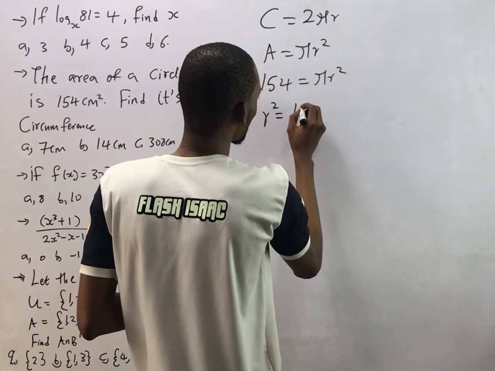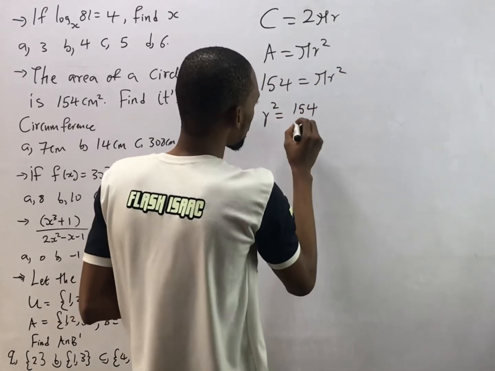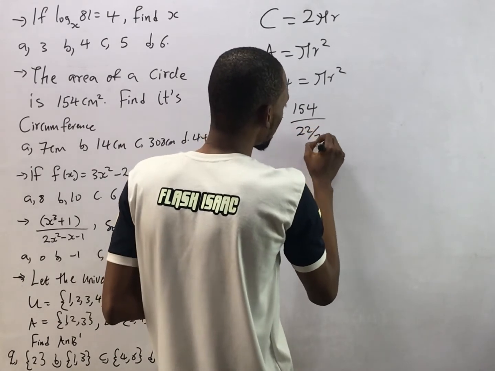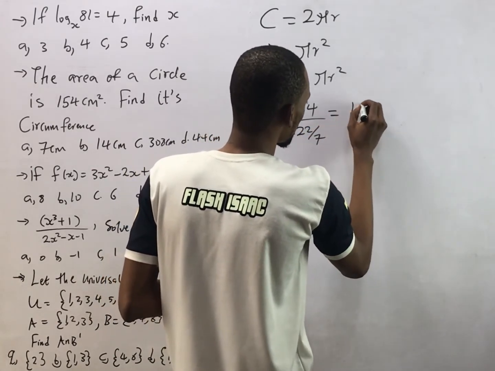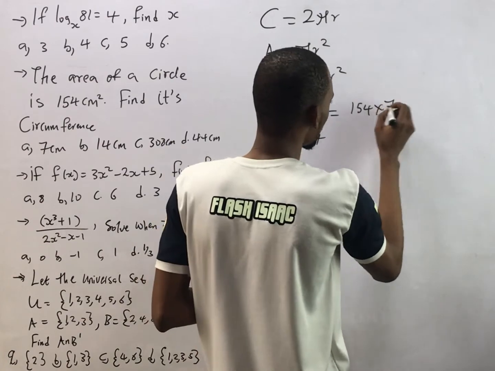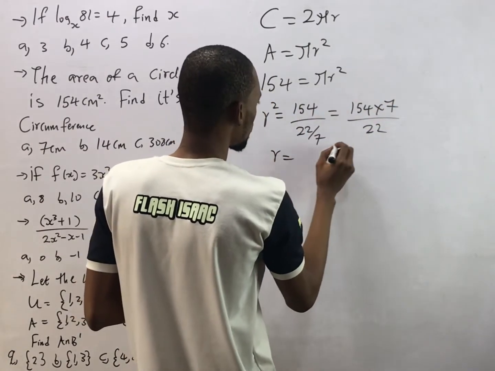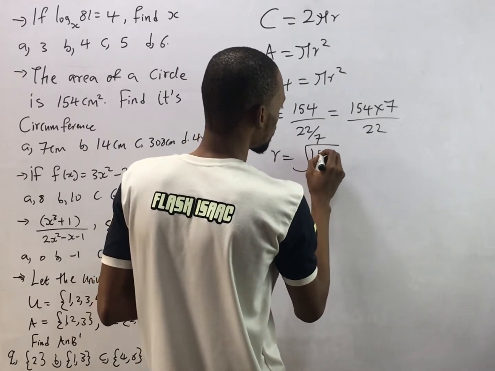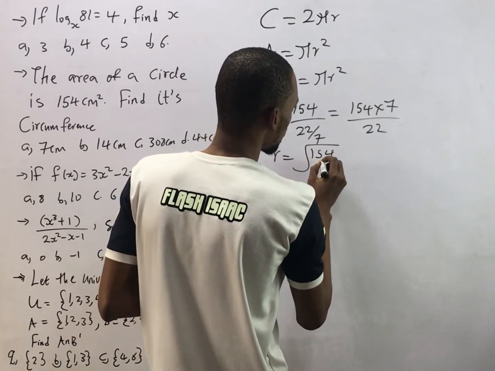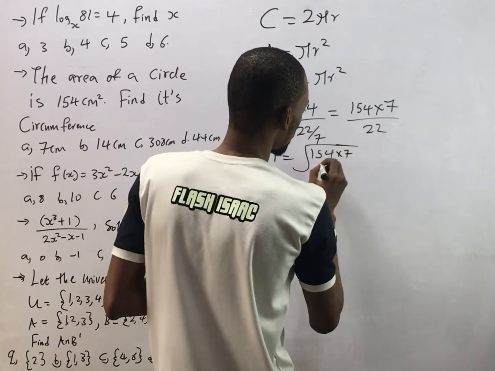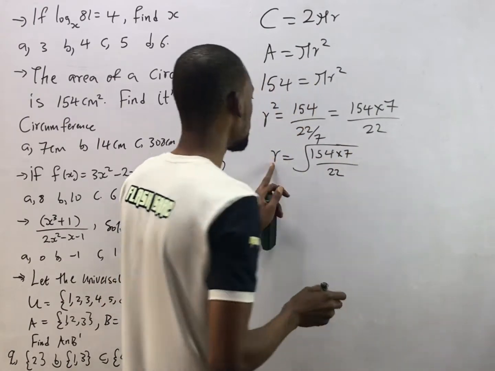R square is equal to 154 over 22 over 7, which is the same thing as 154 times 7 over 22. R is the square root of 154 times 7 over 22. So this is the radius.